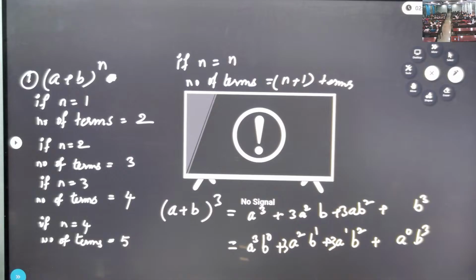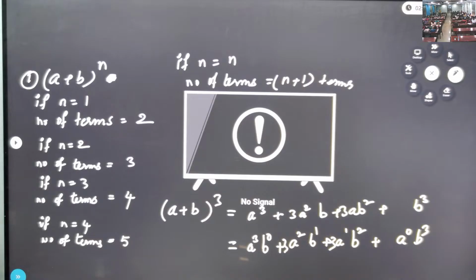From the next term, the power of A is decreased by 1, and the power of B is increased by 1.